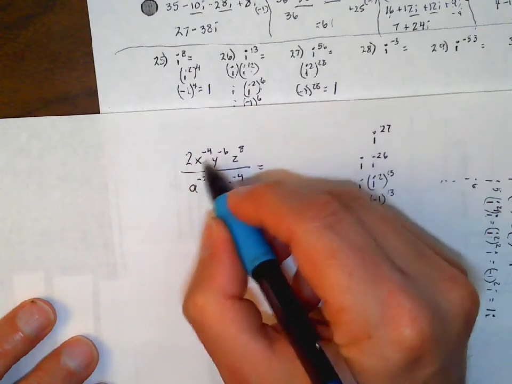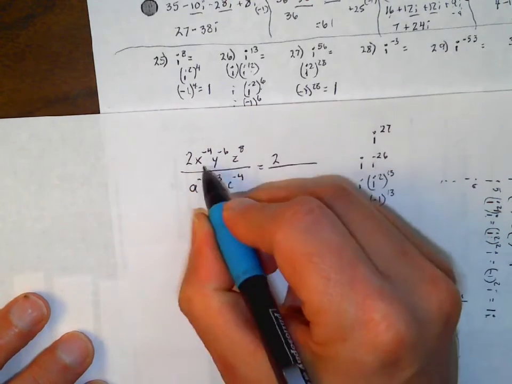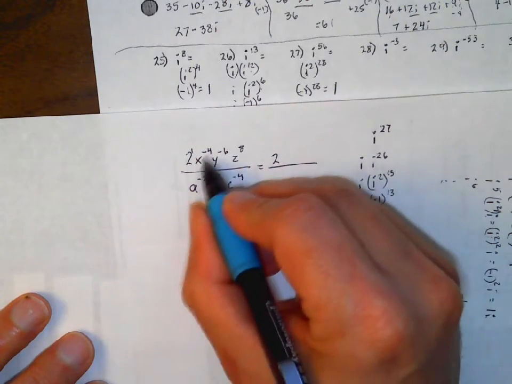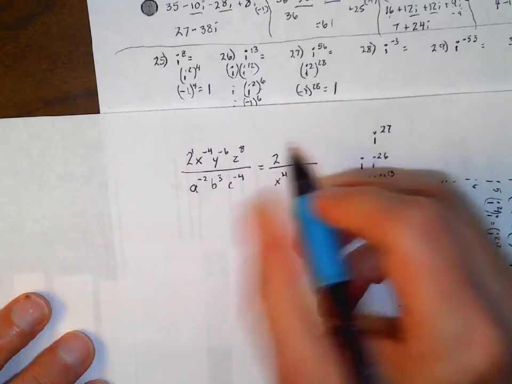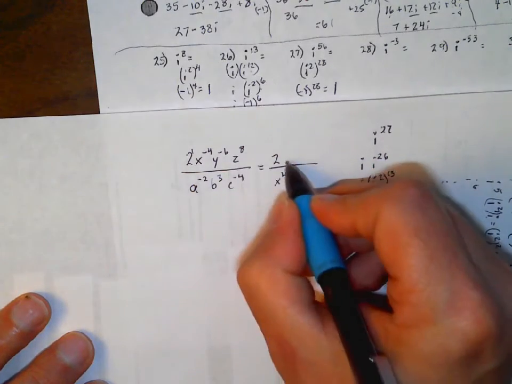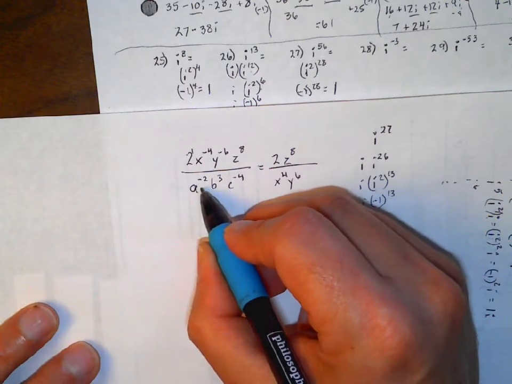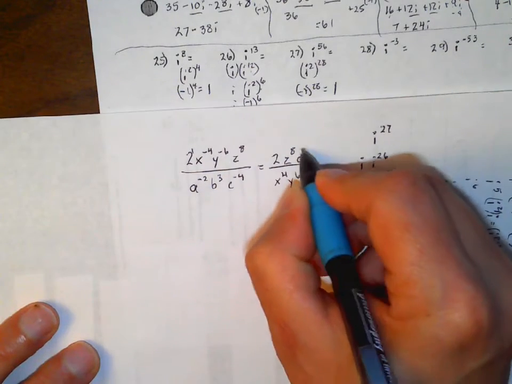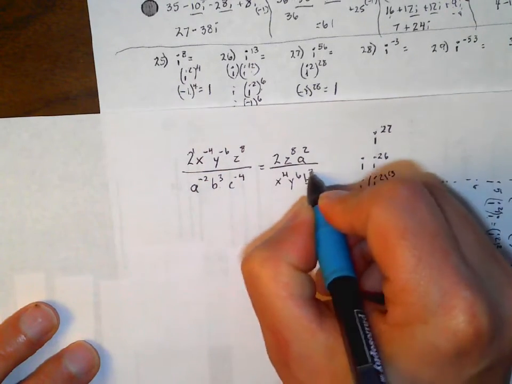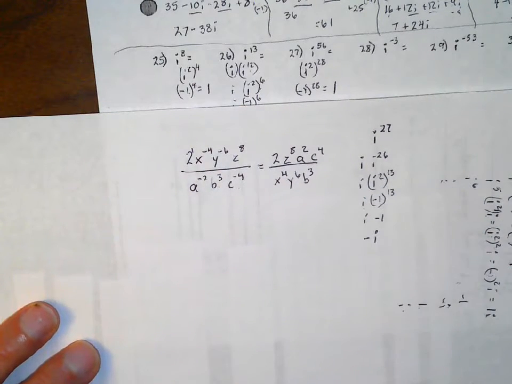So if it was negative, it moved to the bottom. So we have 2, because that's a positive exponent. This is a negative exponent, so that goes to the bottom. Negative exponent goes to the bottom. Positive exponent stays on the top. Now if it was on the bottom and negative, it moved to the top. So that'd be a squared, that'd be b to the 3rd, and that'd be c to the 4th on the top. So we're working with negative exponents to make them positive if we do that.